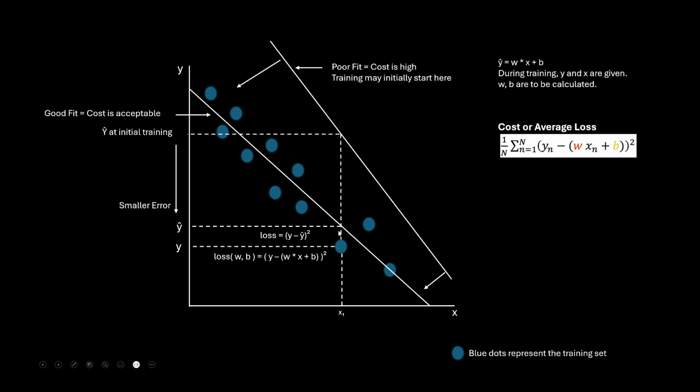And you can see now for this data point, the y hat is much better than the y hat we had at the initial training. So we minimized the difference between the actual output and the predicted output.